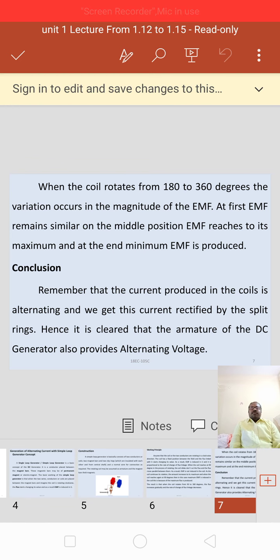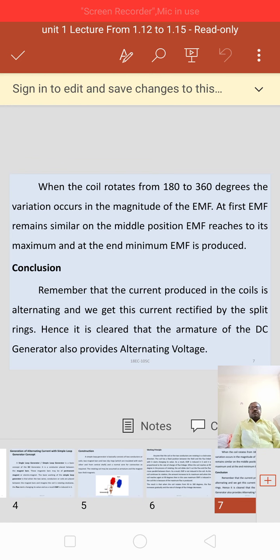That is, when the coil rotates from 180 to 360 degrees, the variation occurs in the magnitude of the EMF. At first, EMF remains similar, in the middle position EMF reaches its maximum, and at the end a minimum is produced.